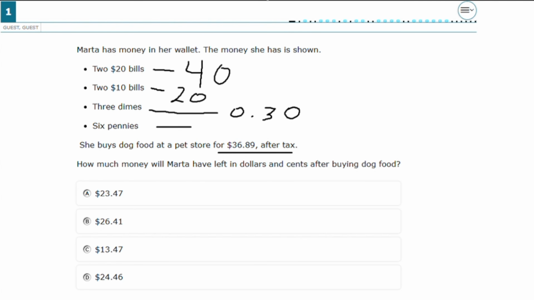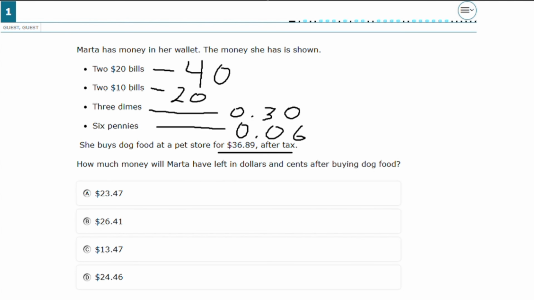Each penny is worth 1 cent, so she has 6 cents, 0.06. Let me rewrite this so it looks nice. Now our job is to add up all the money that she has.